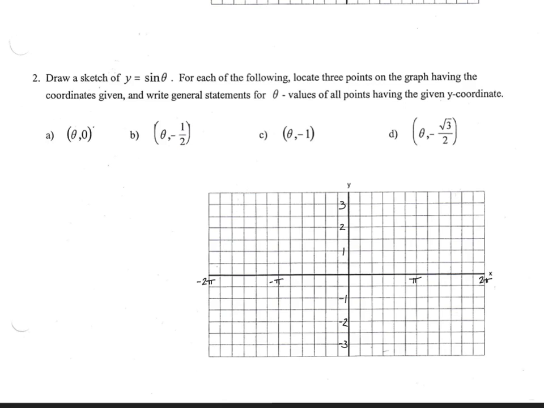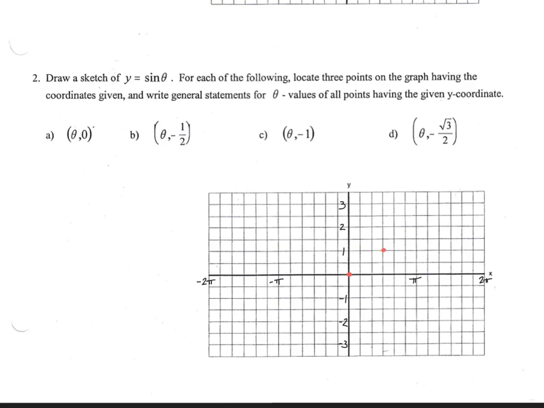So what you'll see in problem 2 then is we're talking about our sine curve. So let's pause the video, put on a sketch of your sine curve. Okay, we should be back. We know our sine curve starts in the middle and rises.